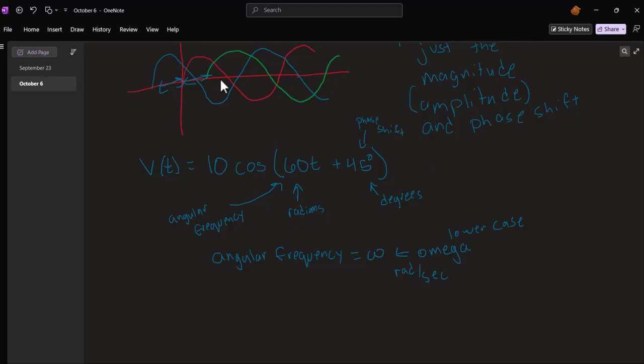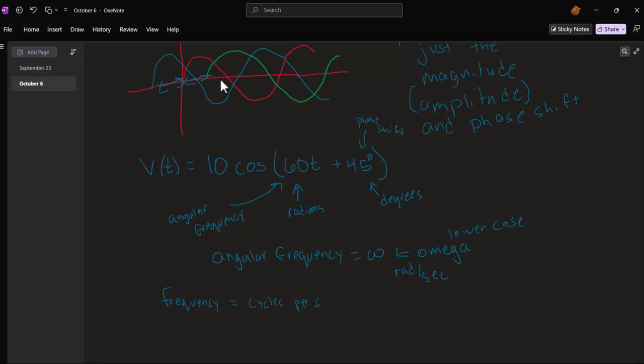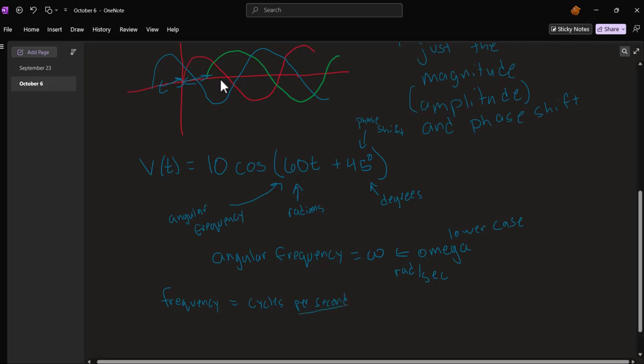So a regular frequency would be in cycles per second, or usually we just deal with the per second part, which is a hertz. So it's the number of cycles per second.